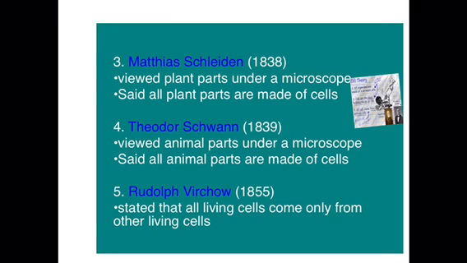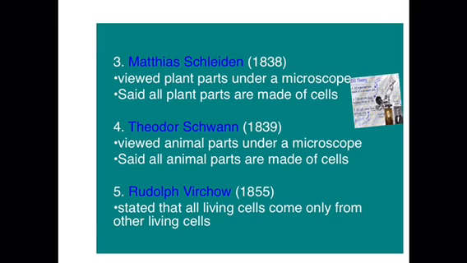Theodor Schwann looked at animal cells underneath the microscope and established that animal cells make up animals. And then Rudolf Virchow took it a step further and established from, again, other people's work, putting all the observations together, that all living cells also come from other cells.